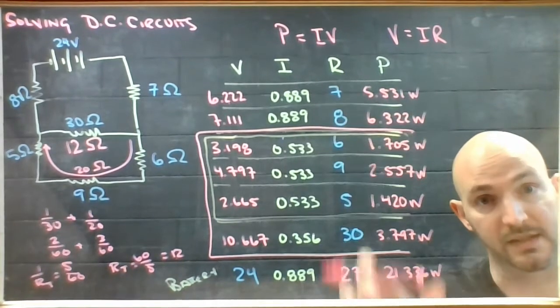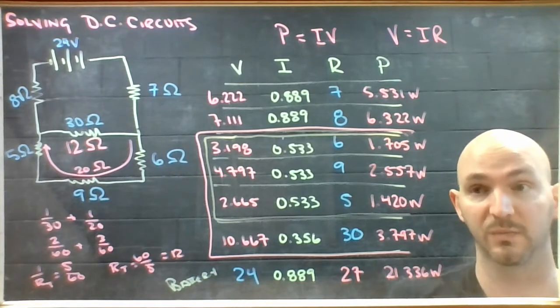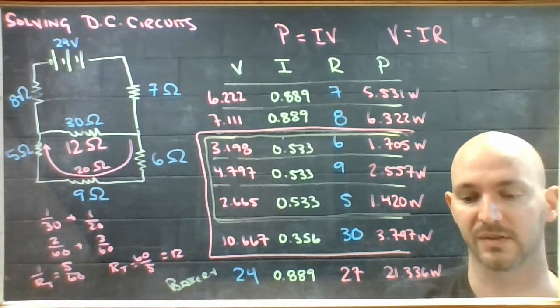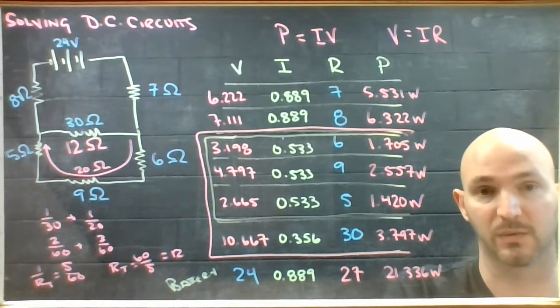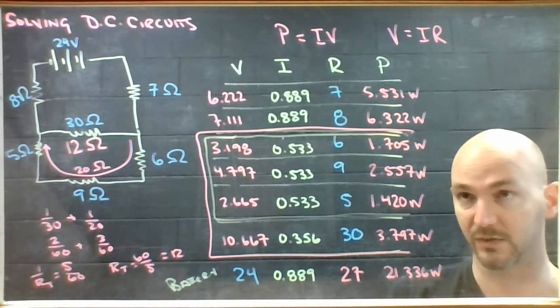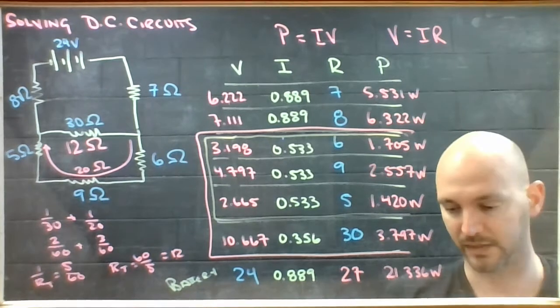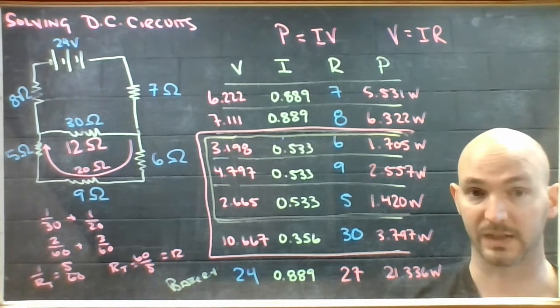Now, this is the killer fact check column, because you can't have more power consumed in these numbers than is produced by the electron source. So if I were to add all these things up, they better add up to 21.336. So let me give it a try. 5.531 plus 6.322 gives me 11.8-ish. Plus this one gives me 13.5.